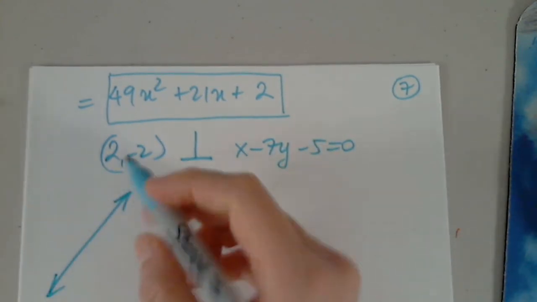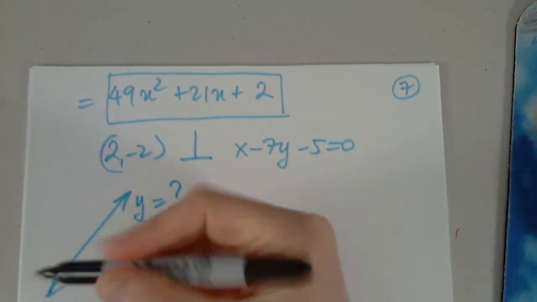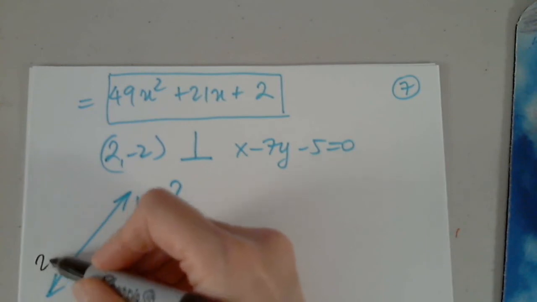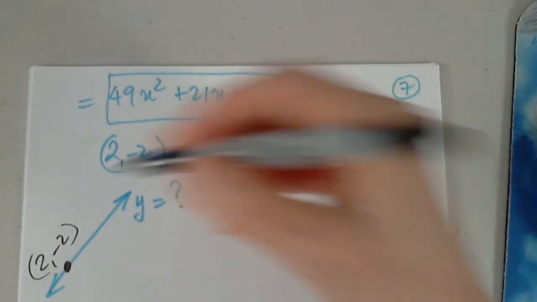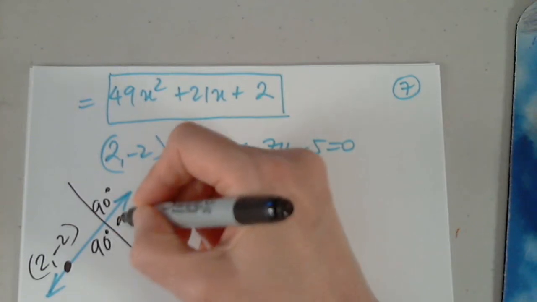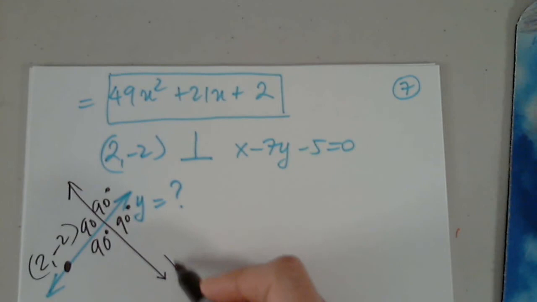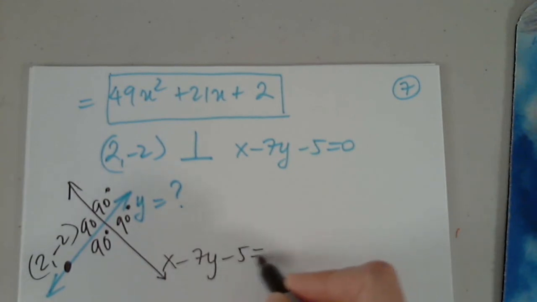We want to find the equation of this line, knowing 2 things about it. We know that it passes through this point, 2 comma negative 2, and it's perpendicular, forms 90-degree angles, 4 of them, onto this line, x minus 7y minus 5 equals 0.